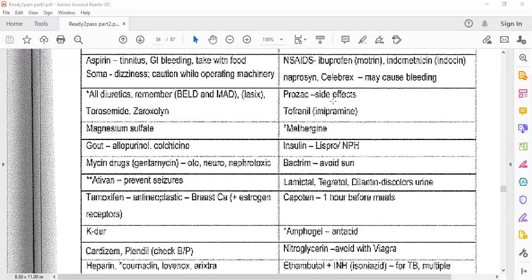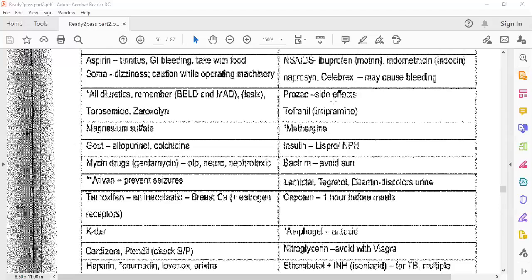Tremor means shaking. Patients develop anxiety or pain, weakness, GI upset or stomach upset, loss of appetite, nausea, vomiting, and diarrhea.